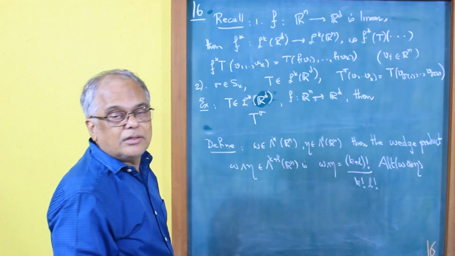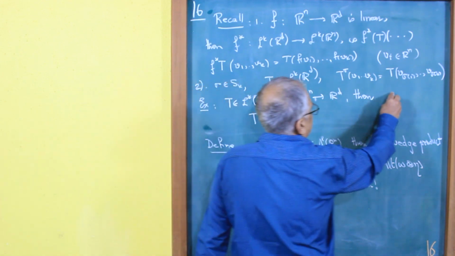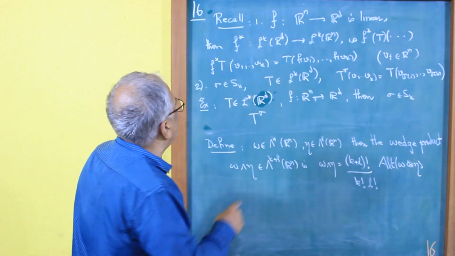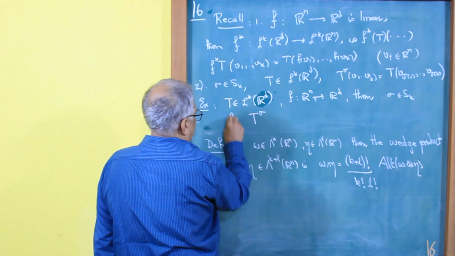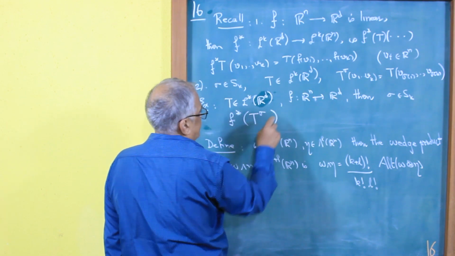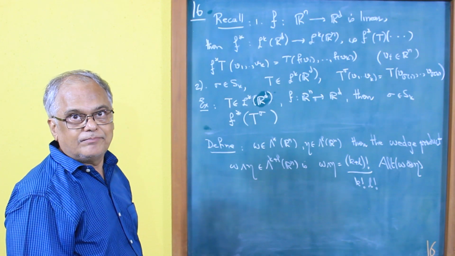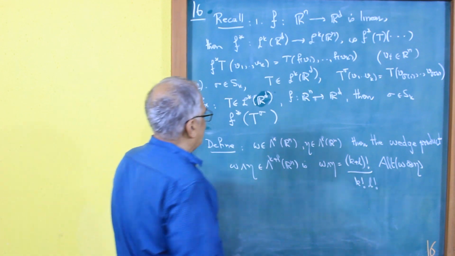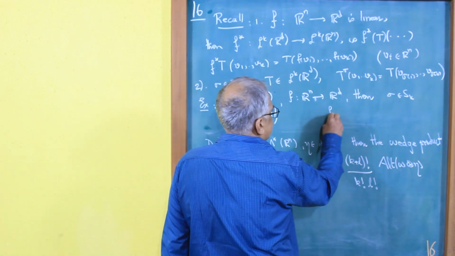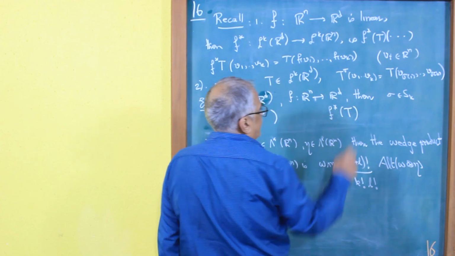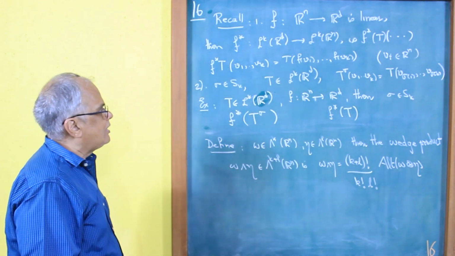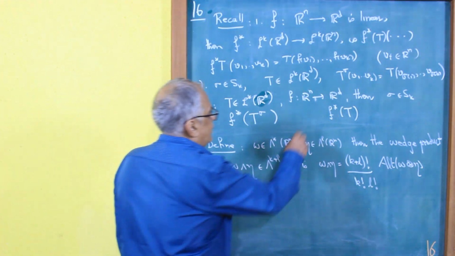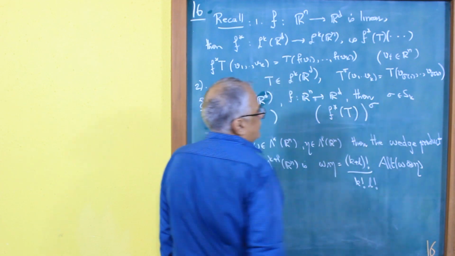Where is T sigma? T sigma is also in Lk of Rd. From Lk of Rd to Lk of Rn, I have a map F star. Okay? So I can take F star T sigma, and the other thing I can do is I can take first F star of T. F star of T is in Lk of Rn. And then I can take its sigma.